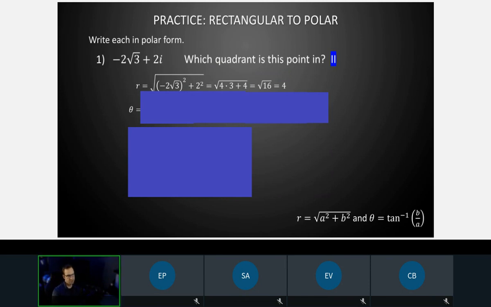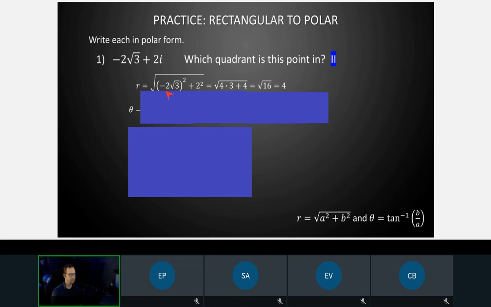If you did your work by hand, that's what it looks like, or you can just type that in as you set it up. Just make sure that if you type this in, you put this entire piece in parentheses. If you just put in -2 rad 3 and then squared, without the parentheses, your calculator thinks that you are only squaring the rad 3 and not the entire piece.